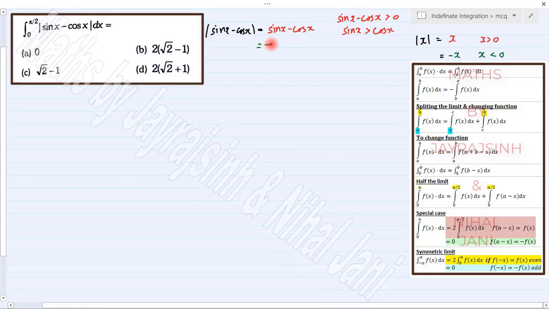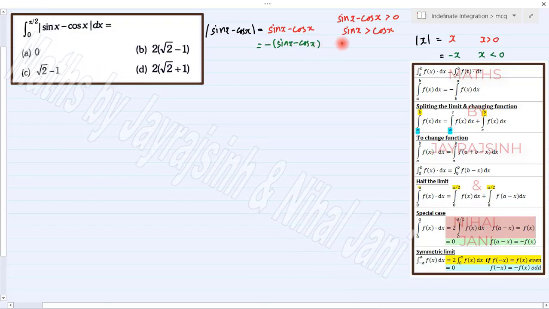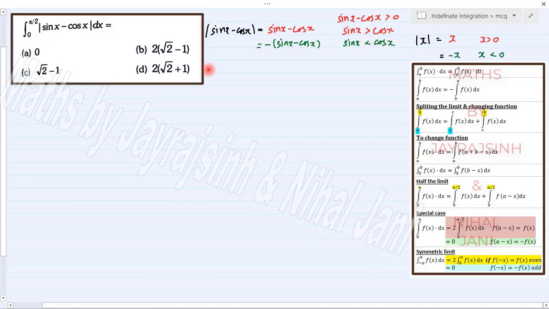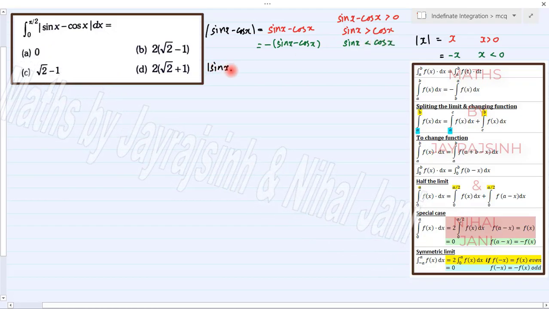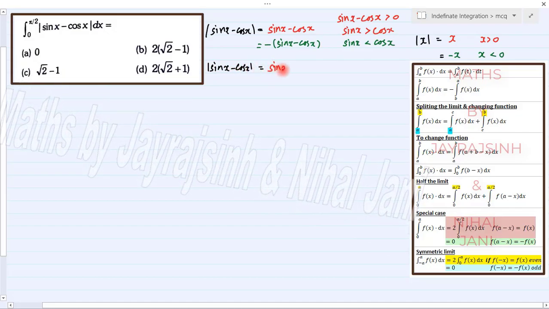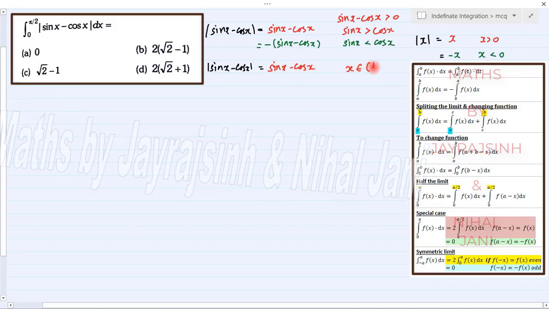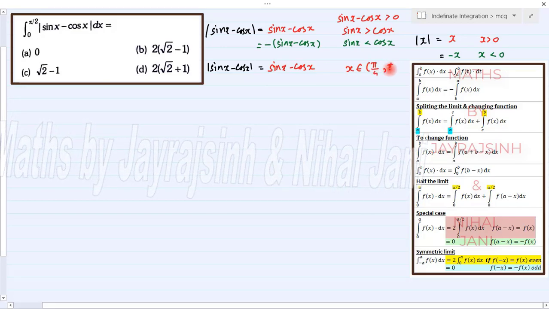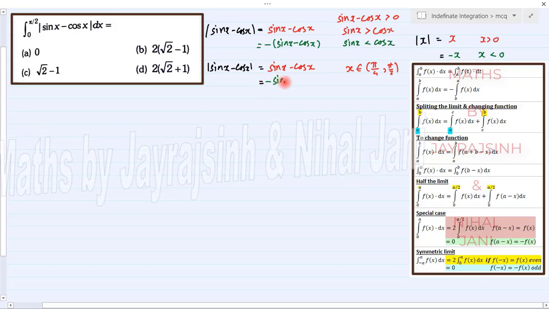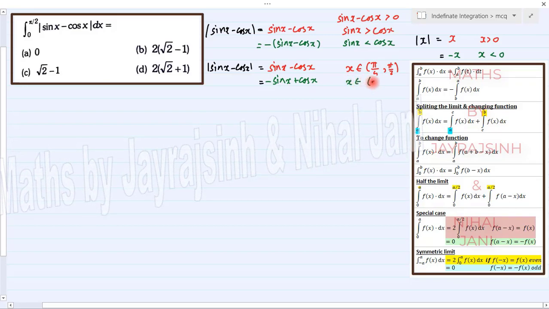And it will be minus of sin x minus cos x when sin x is less than cos x. So mod sin x minus cos x will be sin x minus cos x for x belongs to π/4 to π/2, and it will be equal to minus sin x plus cos x for x belongs to 0 to π/4.